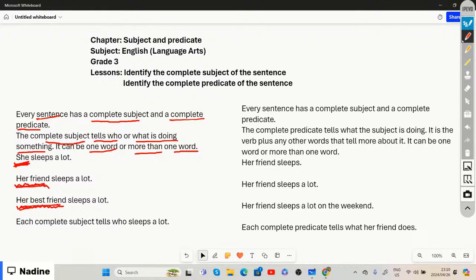So even if we were to say Jade sleeps a lot, then still this would have been our subject. So our subject tells us who or what is doing something. So in this case, basically each one of these subjects tells us who sleeps a lot.